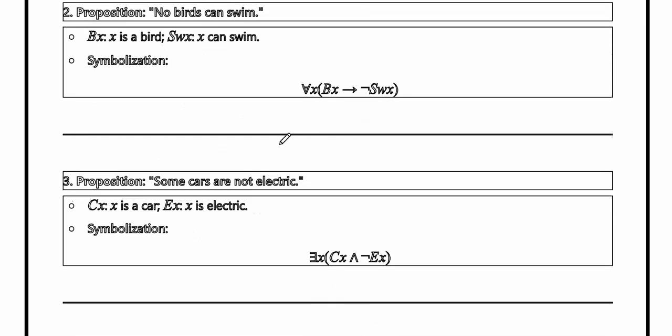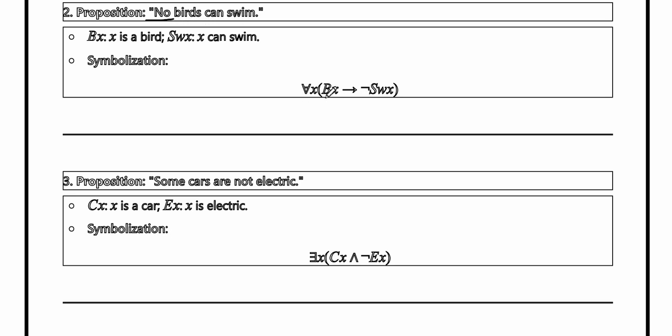Okay, next one. No birds can swim. No means universal. It is also universal only. So universal quantifier. Bx is bird. Sx means x can swim. So we have negation here.